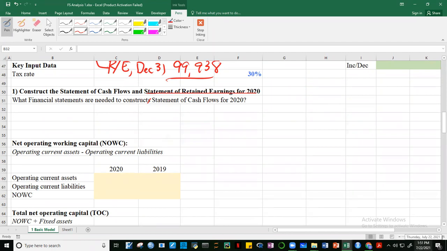Since we're running out of time, guys, I'll just answer this. What we need in order to construct the statement of cash flows for 2020 is the balance sheet for 2020. We also need the balance sheet for 2019, and we need the income statement for 2020. These are the 3 financial statements we need to prepare the statement of cash flows for 2020.